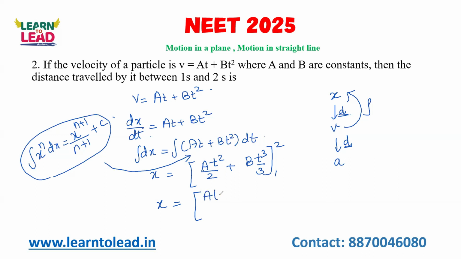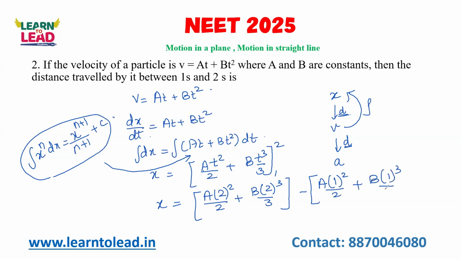Upper limit: a into 2 square by 2 plus b into 2 cube by 3, minus a into 1 square by 2 plus b into 1.